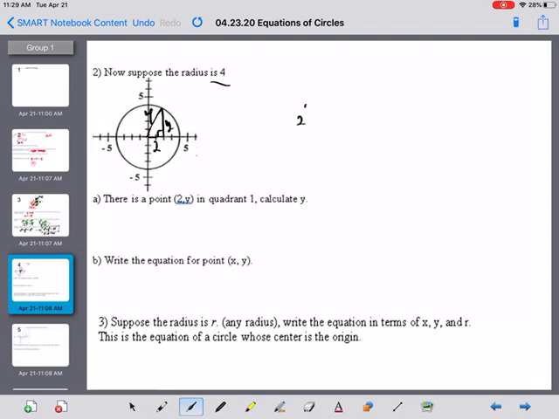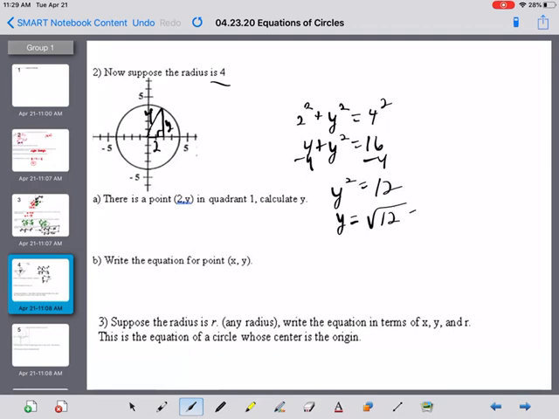Let's use the Pythagorean theorem. 2 squared plus y squared equals 4 squared. 4 plus y squared is 16. Subtract 4, y squared is 12. Square root both sides, technically the plus or minus square root of both sides. That's the square root of 4 times the square root of 3, so 2 radical 3. We're in quadrant 1, so the positive answer is good. So 2 radical 3.